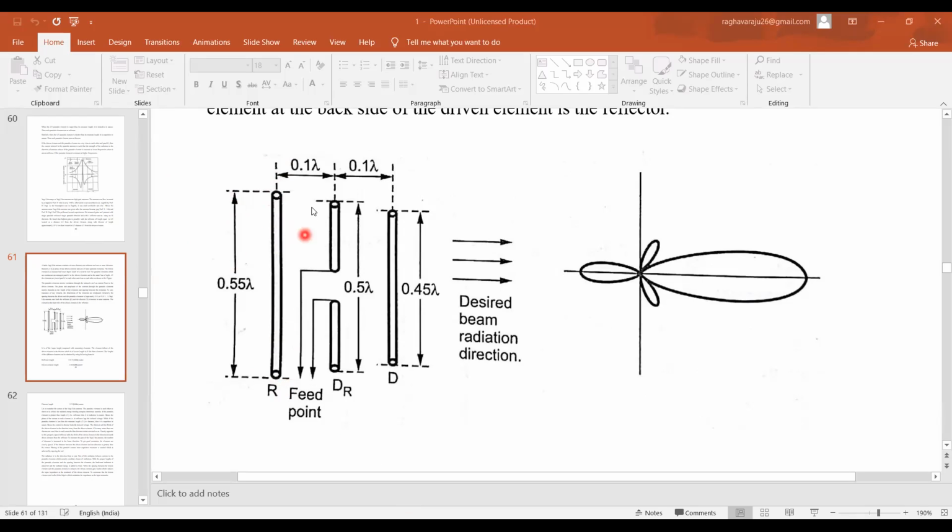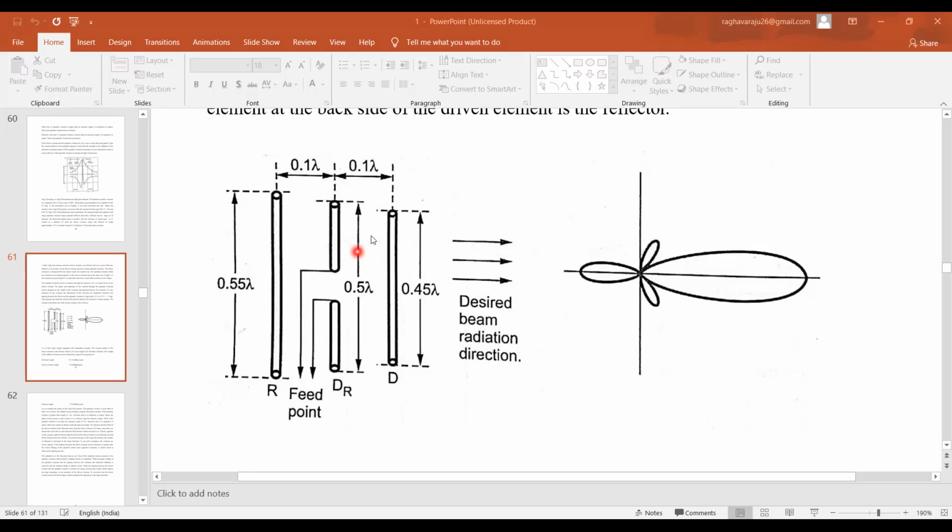So this is the reflector, and this is the corresponding driven element. That is the feed point.